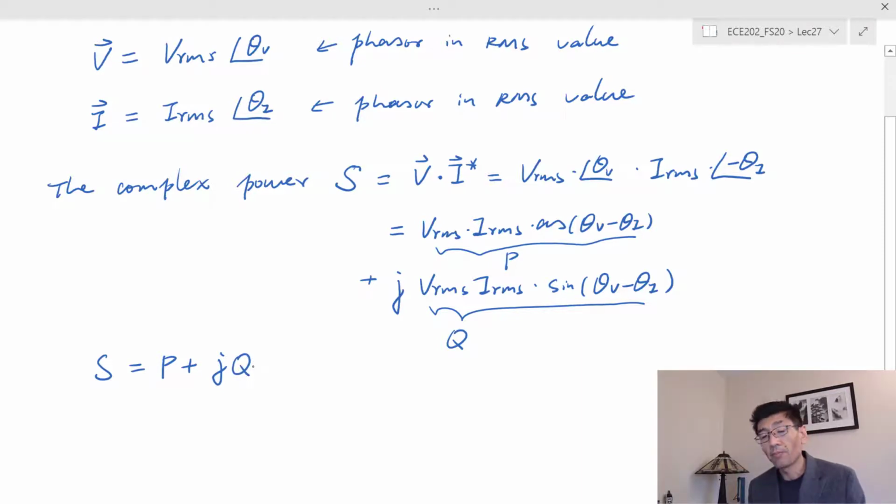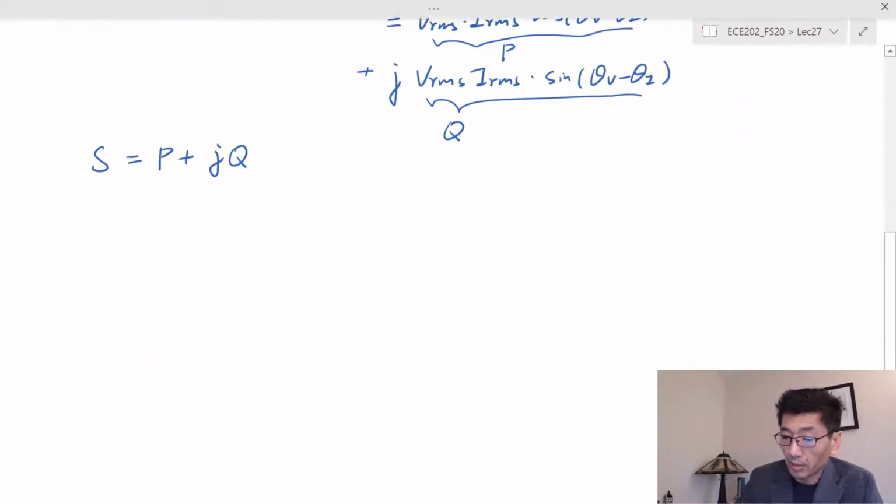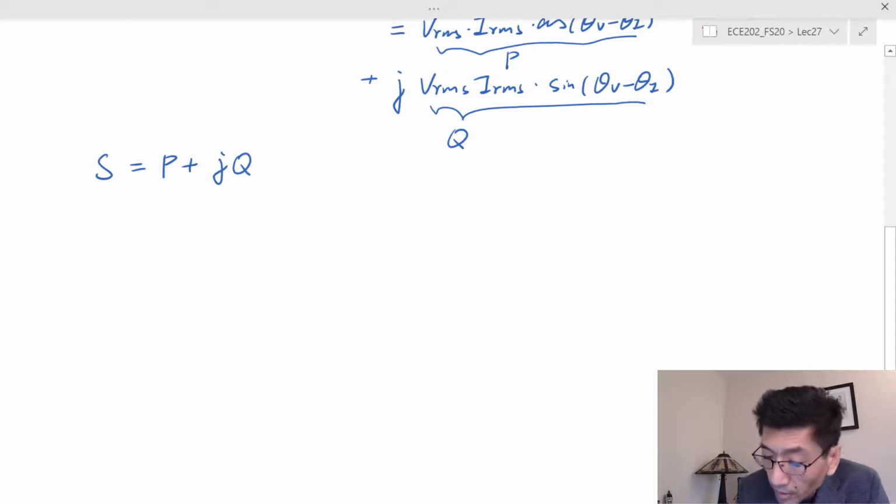That's why the active power is also called the real power, and the reactive power Q is also called the imaginary power, because P is the real part of the complex power and Q is the imaginary part. The absolute value of S is the apparent power.